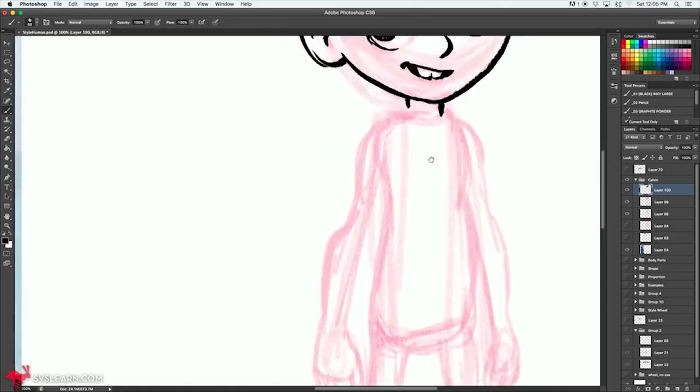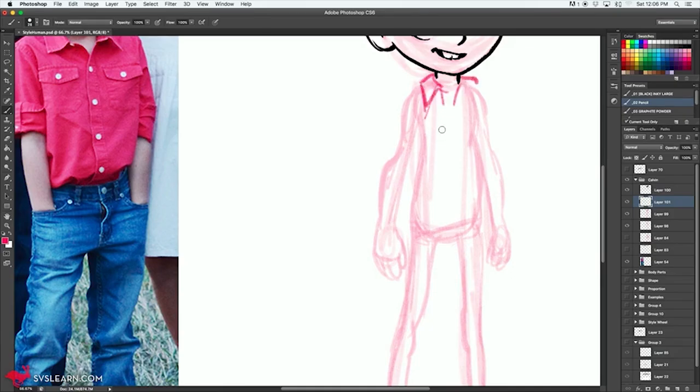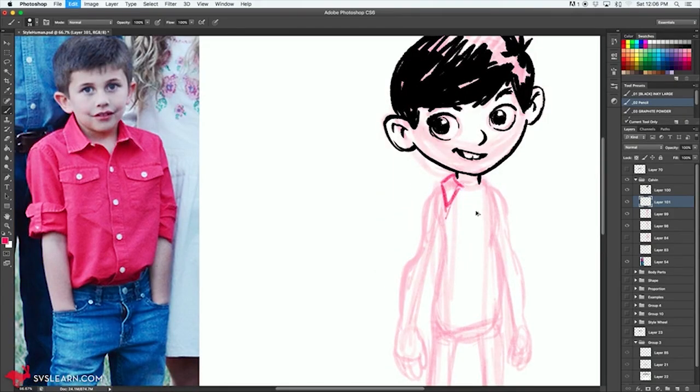Okay, I forgot to add clothes, so I'm just gonna add clothes here. Give him a collar. Don't like that collar, let's do a better one.